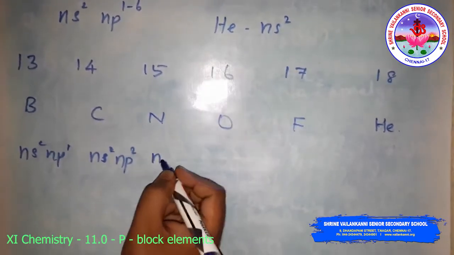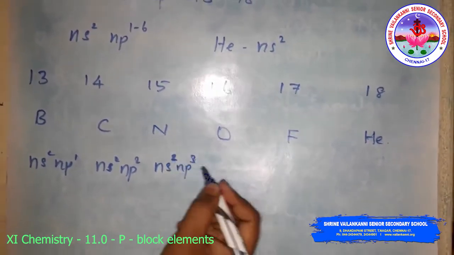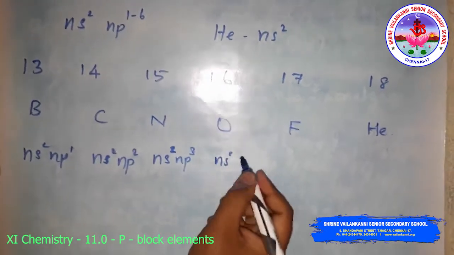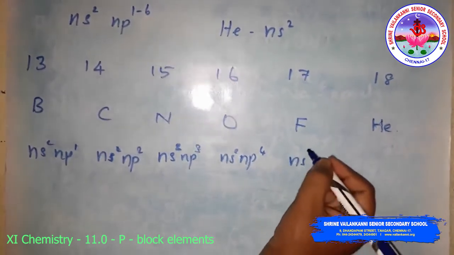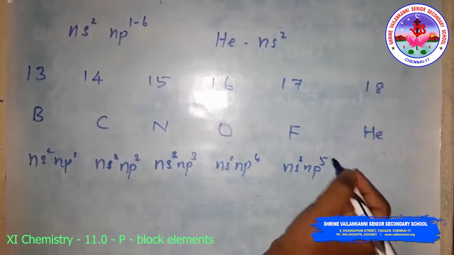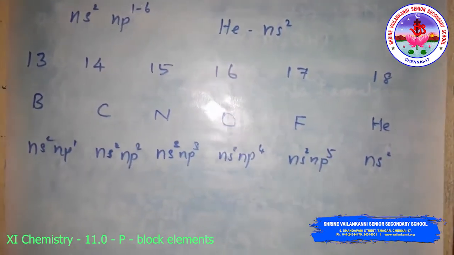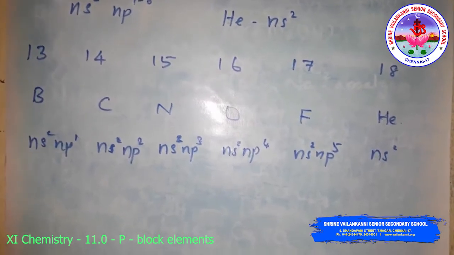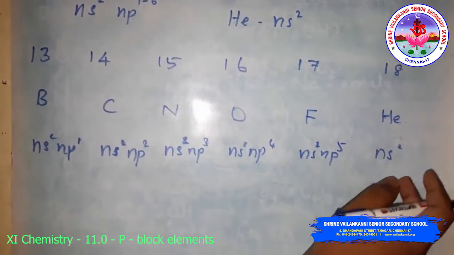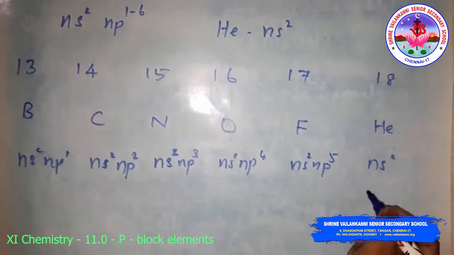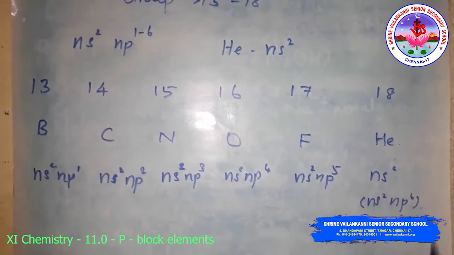Then nitrogen is ns2 np3, oxygen ns2 np4, fluorine ns2 np5, and helium ns2 only, that is 1s2 for helium. The rest of the group members are ns2 np6.